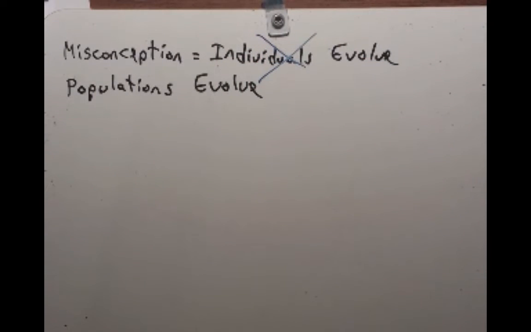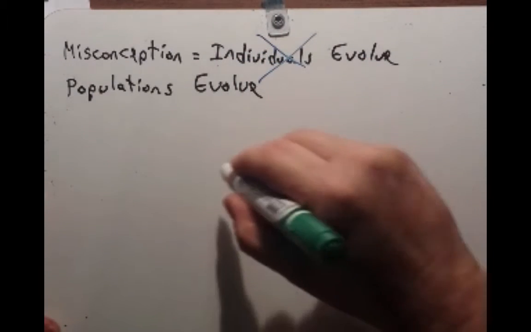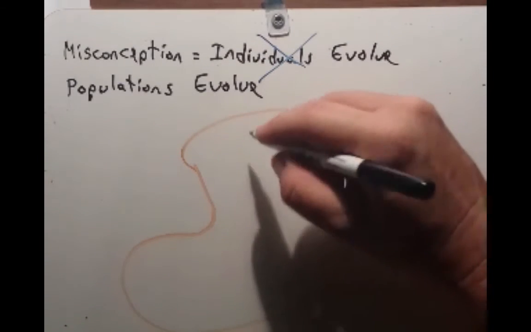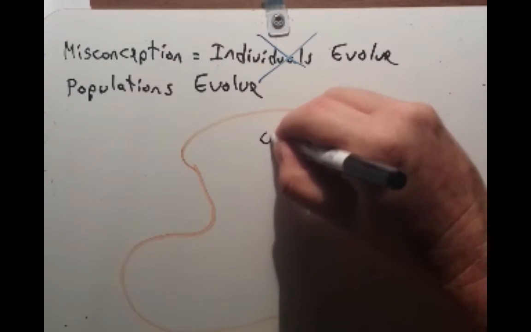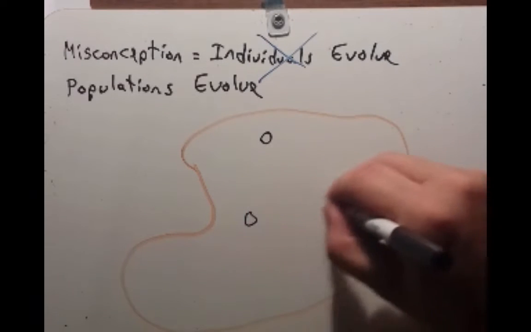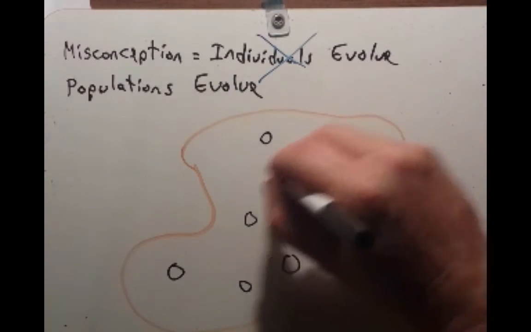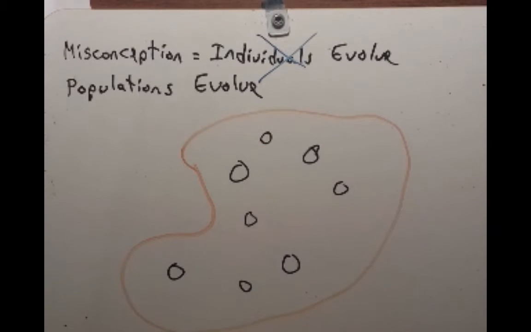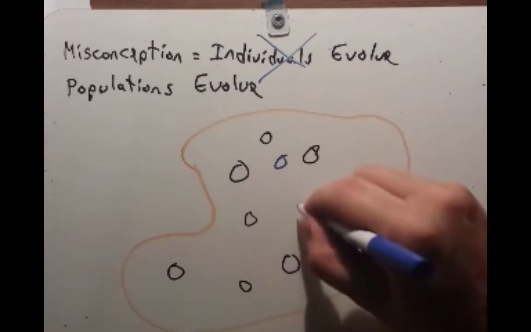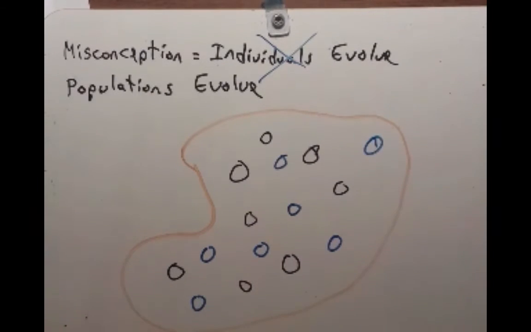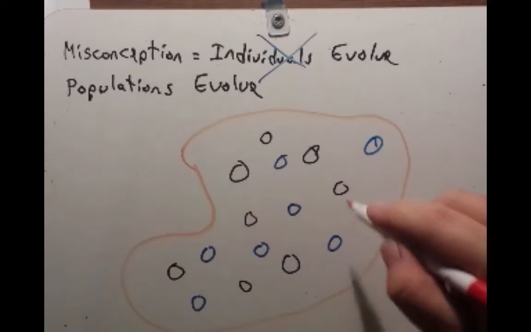And what do we mean by that? Well, let's draw a landmass here. And we can draw it similar to what we had on a previous picture not so long ago, where we have various species. This is one population, one species, but a high degree of variation within this population.